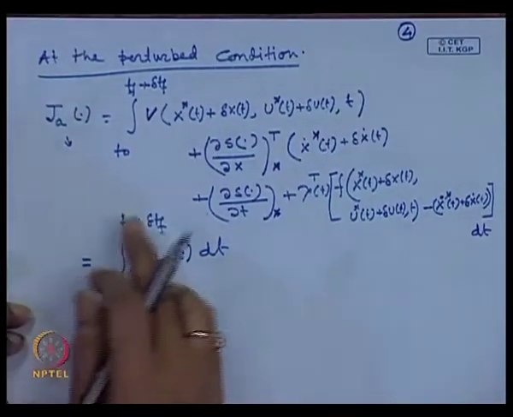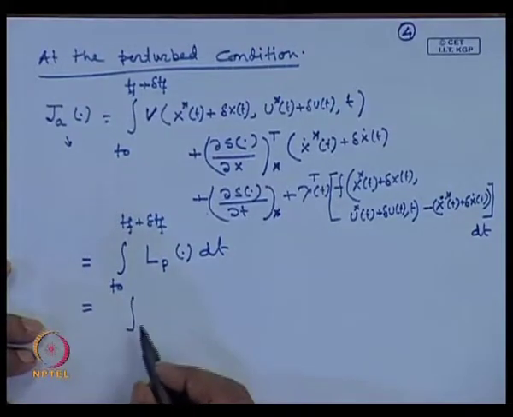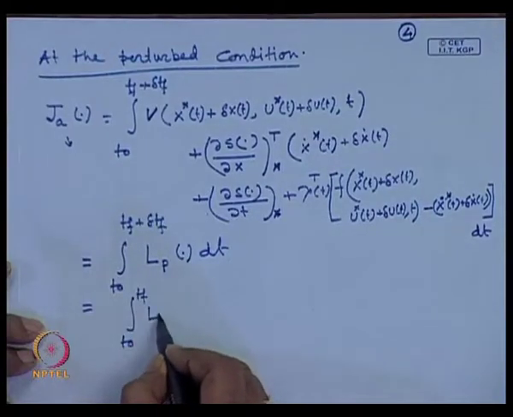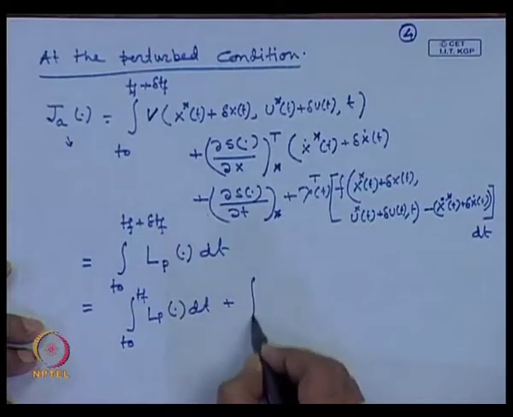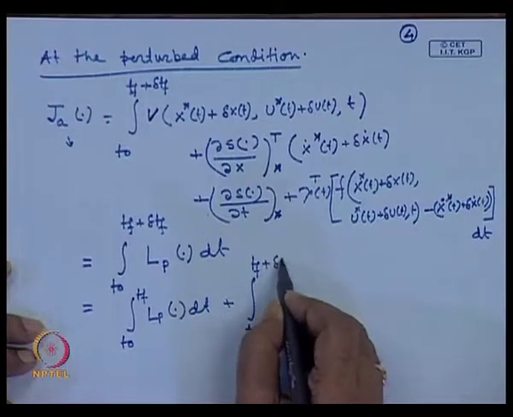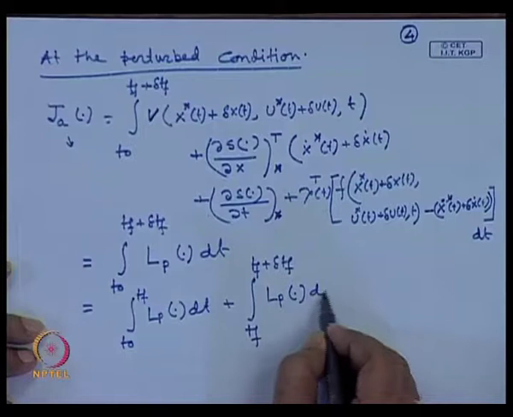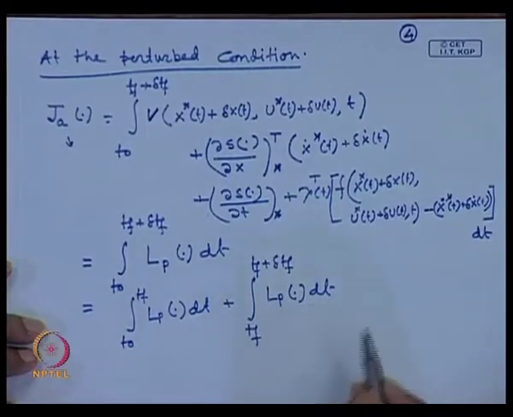Now, the whole thing I can write as the integral from t 0 to t f of L p dt plus the integral from t f to t f plus delta t f of L p dt. So, it is a perturbed Lagrange function, this L p.